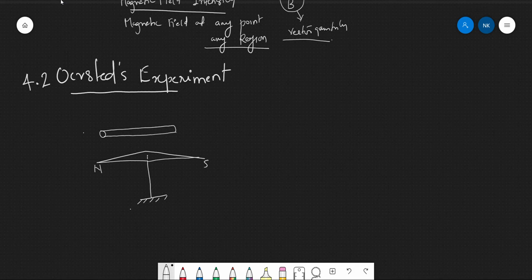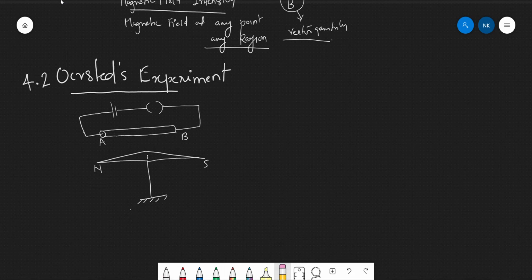So the position of this compass needle is below this current carrying conductor. This current carrying conductor is connected to a battery through a key. Here this is A and here this is B.